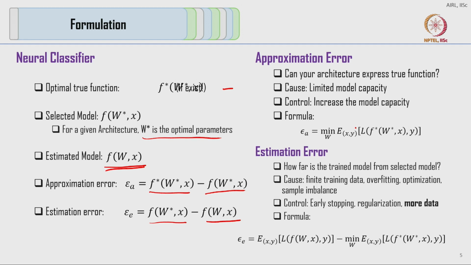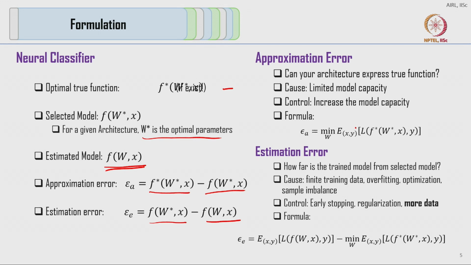If I look at estimation error, how far is the trained model from the selected model? It is basically about your weight. Is the local minima far away from the global minima? Now if you look at what factors affect it, training data itself will affect. You may have overfitting. If you train for too long, you may fit too closely to your data. You may overfit, sometimes you may underfit. Generalization is the biggest challenge.